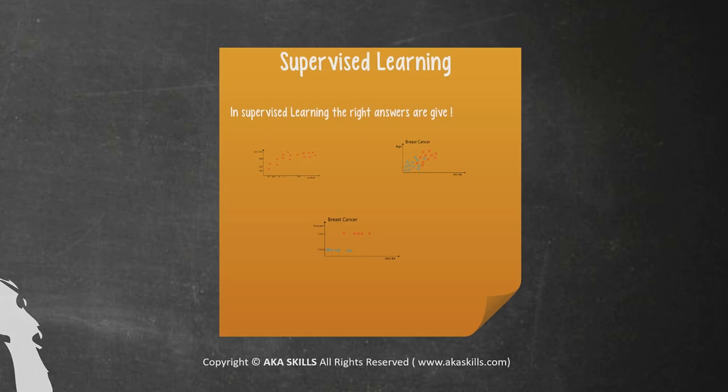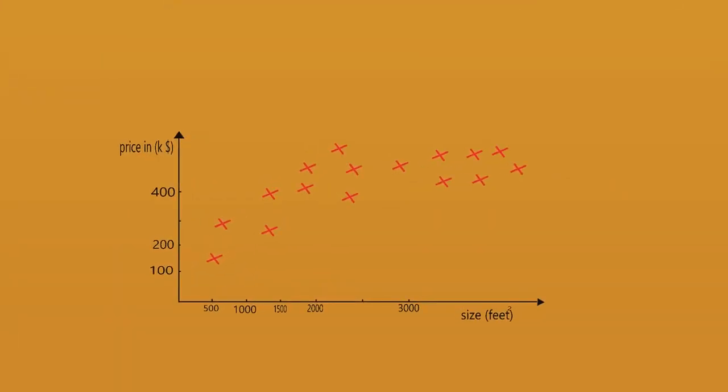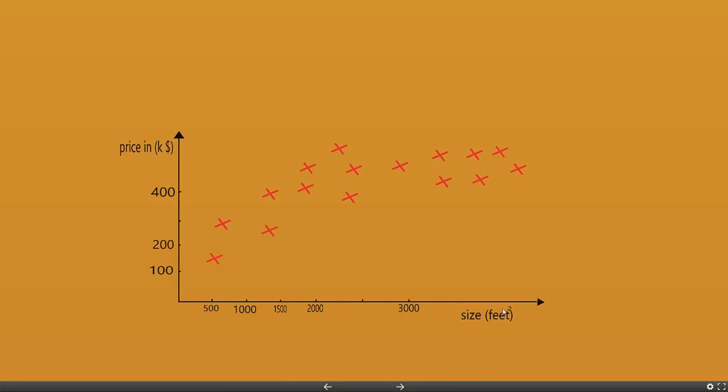Let's elaborate more. So for example, you have sizes of houses. You have a friend, and this friend wants to move to a new house. So he says, okay, here is the data. Here are many houses with different sizes and different prices. And you see here this chart of data.